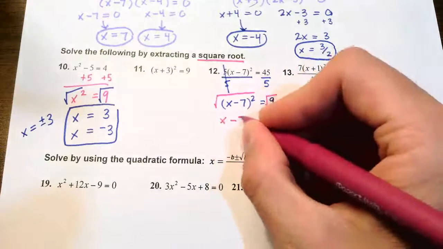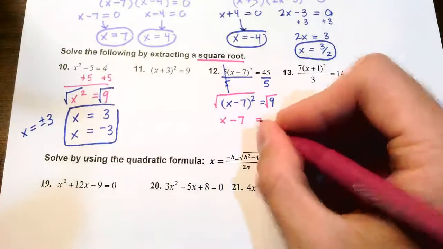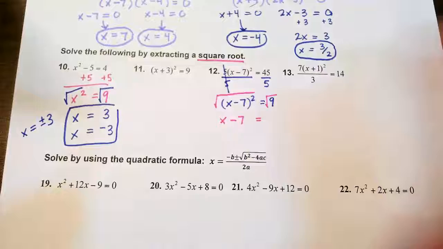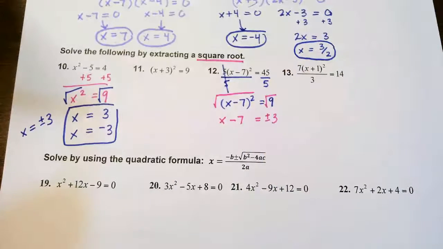On this side, it just simply gets rid of the power of 2. I can also get rid of the parentheses because I don't really need those anymore. And on this side, instead of writing this twice, once where it is 3 and once where it is -3, I'm just going to write it using that symbol that I just showed before, the plus or minus, the positive or negative symbol. I'm just going to leave that there. We'll get both of our answers here at the end.